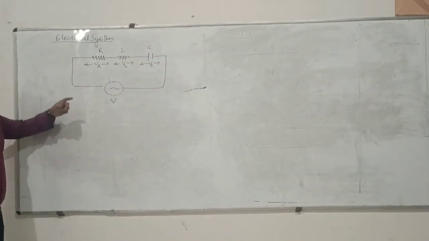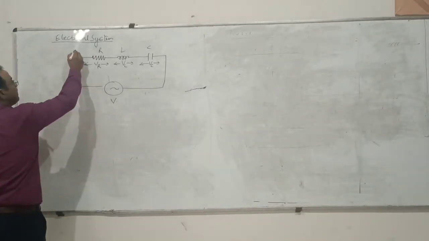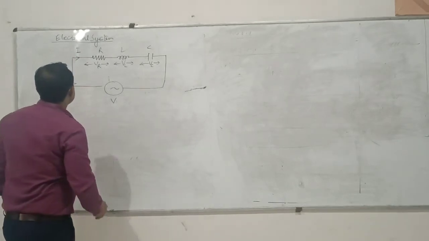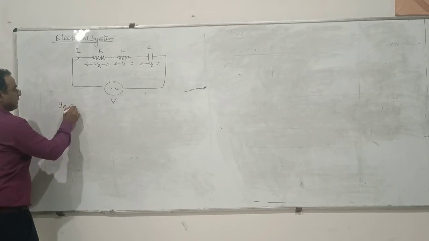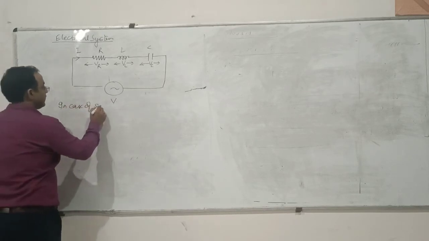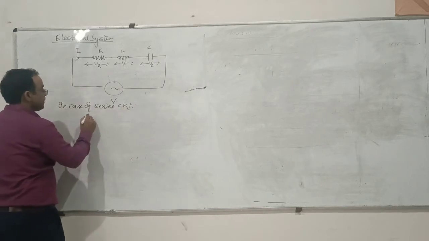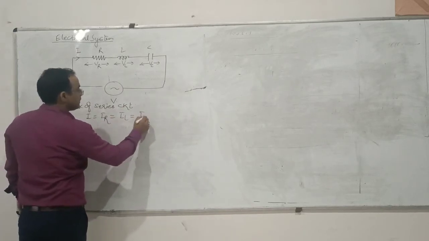But it is the case of series circuit, so only one current, that is I, will flow in the circuit. So in the case of series circuit, we can say that I equals IR equals IL equals IC.